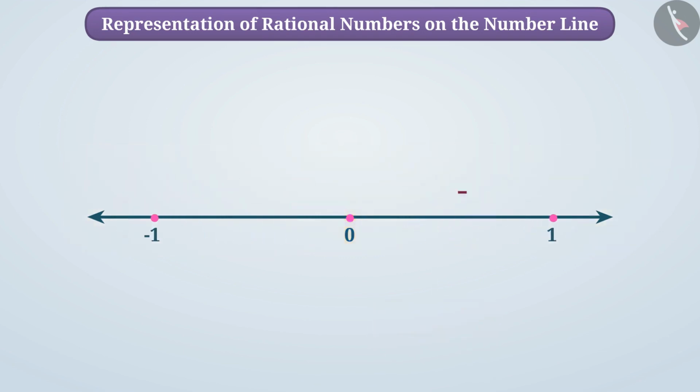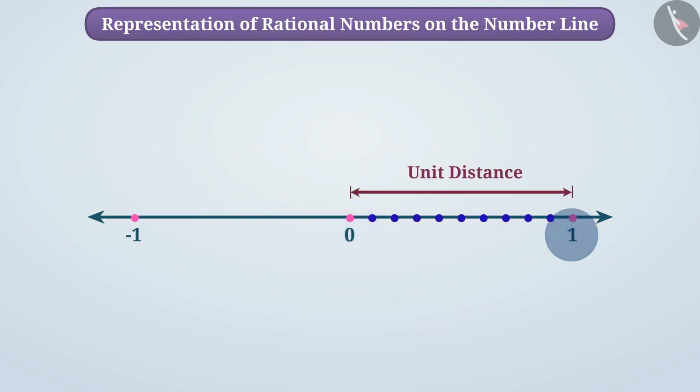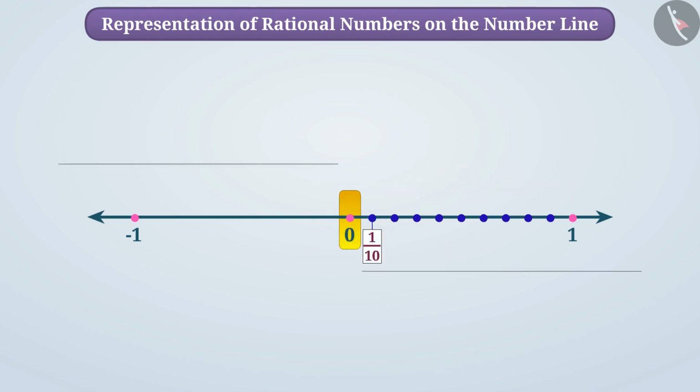Let's make 10 equal parts of the unit distance between 0 and 1. In this way, each of these parts will be 1 by 10th part of the unit distance. If we start with 0, the number 1 by 10 can be shown on the number line by taking one part from it.